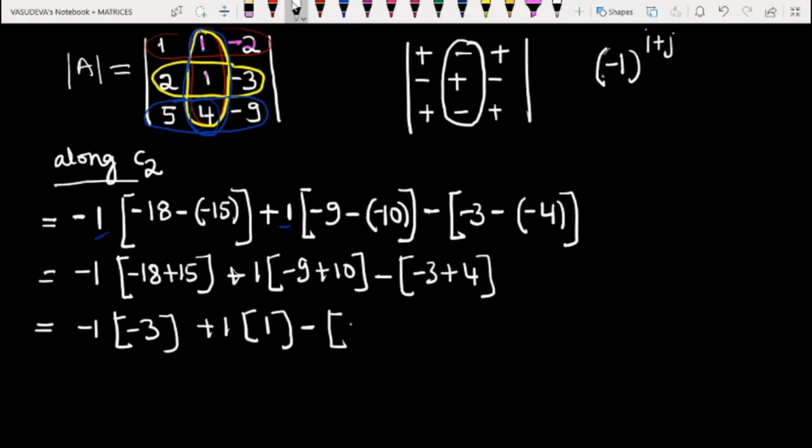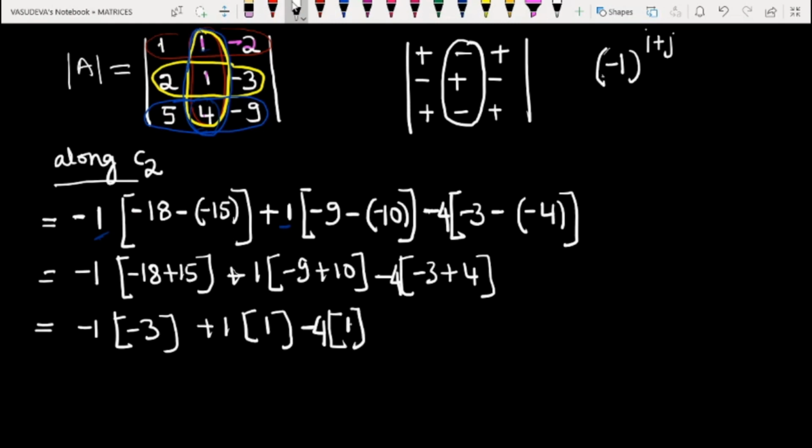Here we have to write the 4 element, minus 4, which we have left out here, and we have to add it. So minus 4 into minus 3 plus 4 is 1.